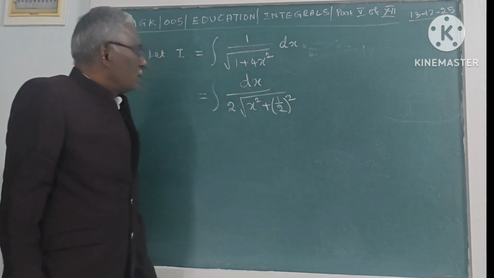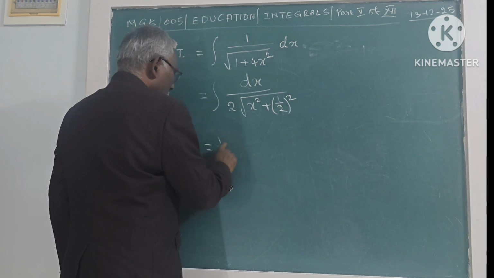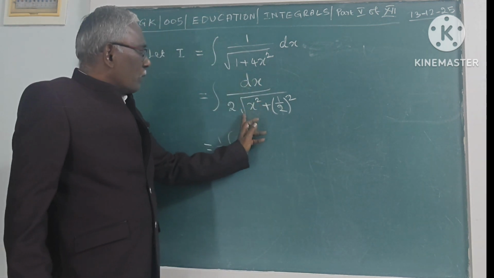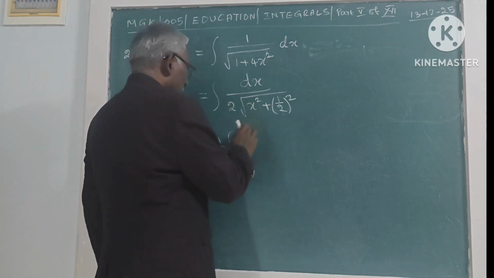Now this is in the form of integral dx by square root of x square plus a square. So what is the formula?